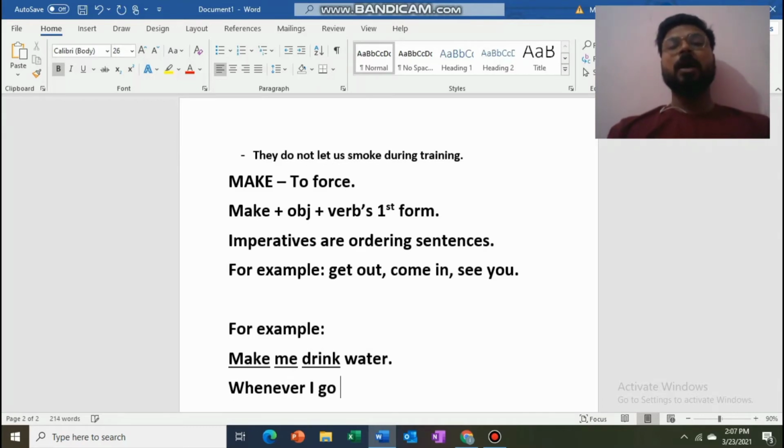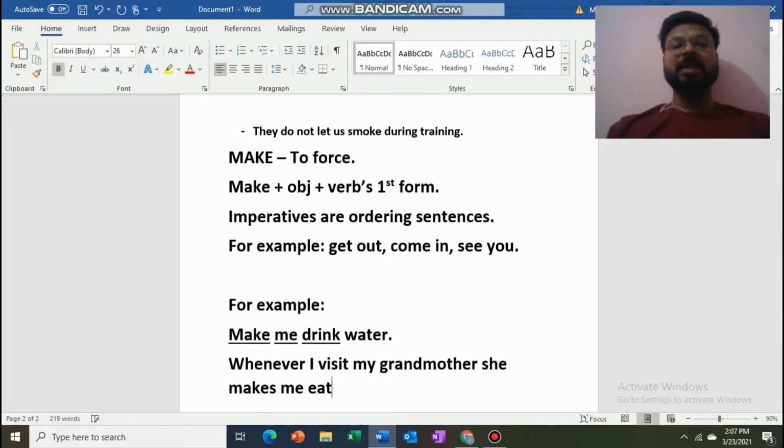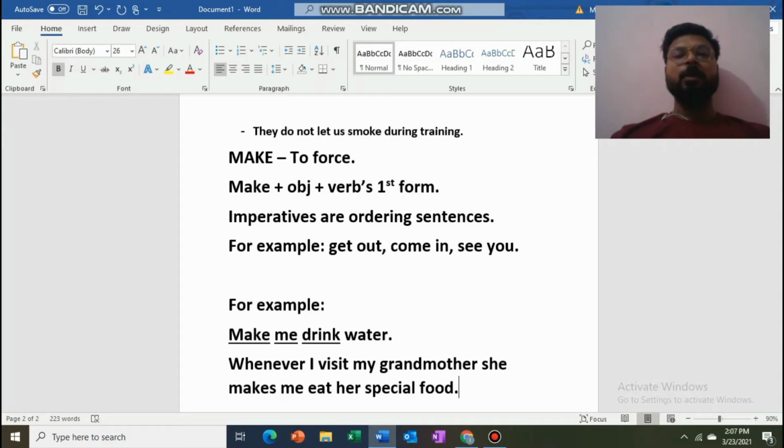Whenever I go or I visit my grandmother, she makes me eat her special food, means she gives me her special food to eat. Okay, so this is how we do it. Now you see here, make me is an object, क्योंकि वो किसको खिलाती हैं? She makes me eat it. Okay.